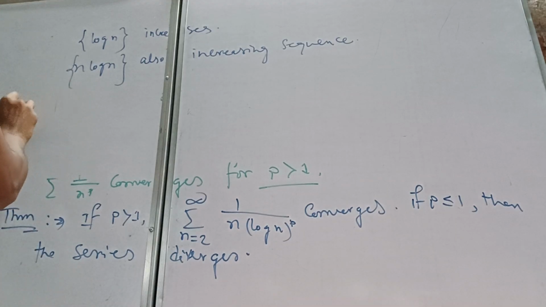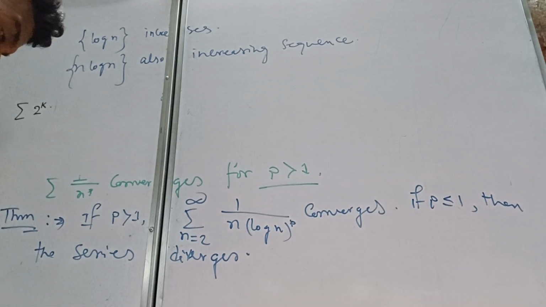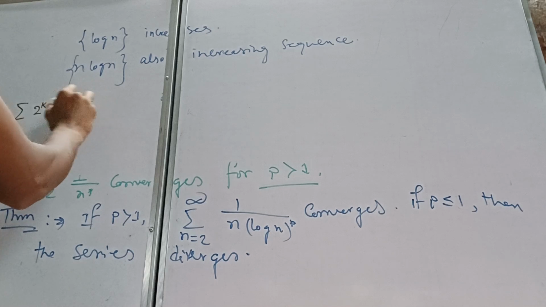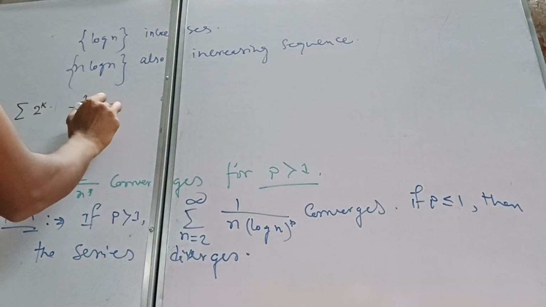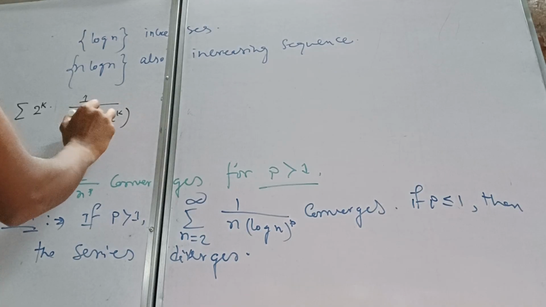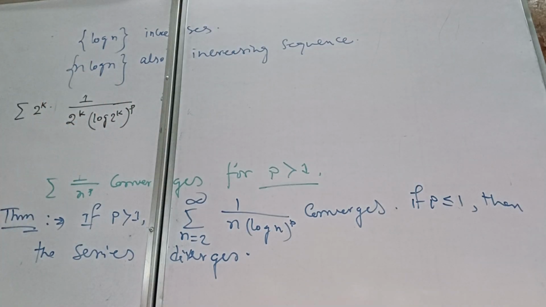We also write 2^k times 1 by (2^k log 2^k) whole to the power p. That means here (n log n) whole to the power p becomes (2^k log 2^k) whole to the power p.